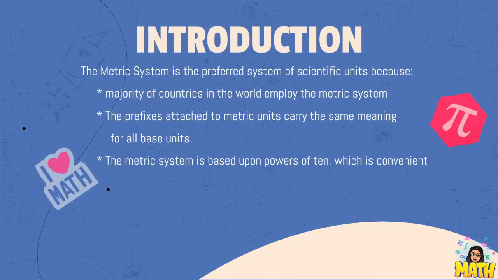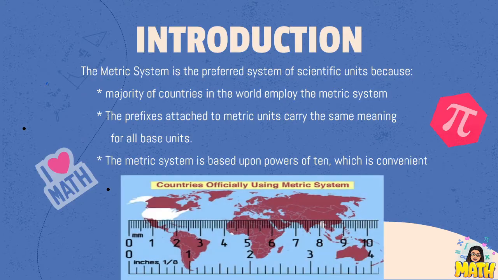Since we'll be dealing with different kinds of measurements, let's talk about the two kinds of system, the metric system and English system. Inches, feet, and pounds are examples of units in the English system and are basically used by English or American people, while meters, centimeters, kilograms, and kiloliters are examples of units in the metric system.